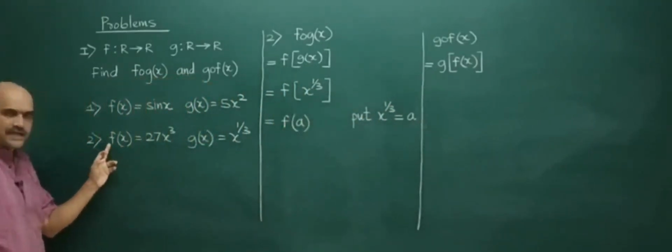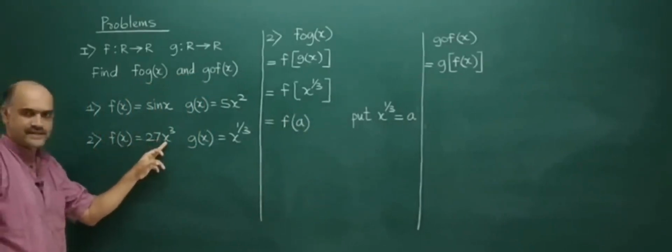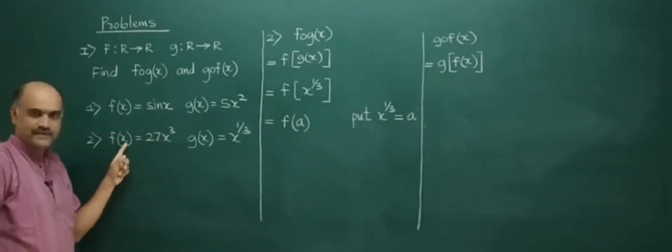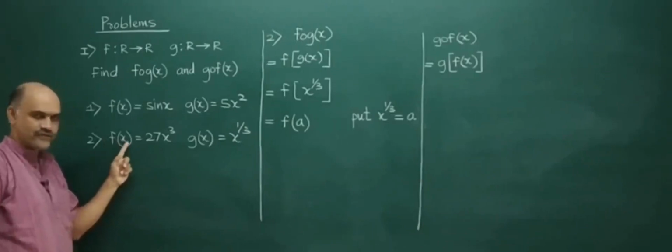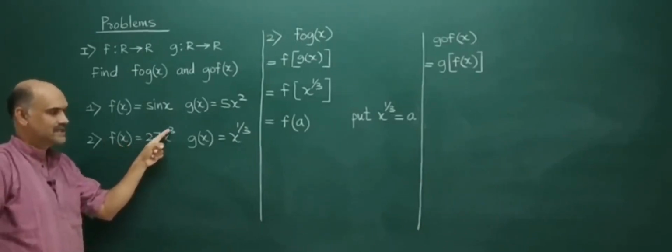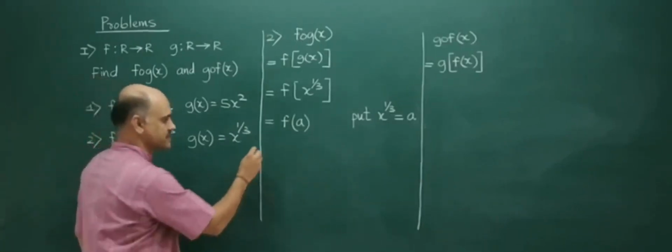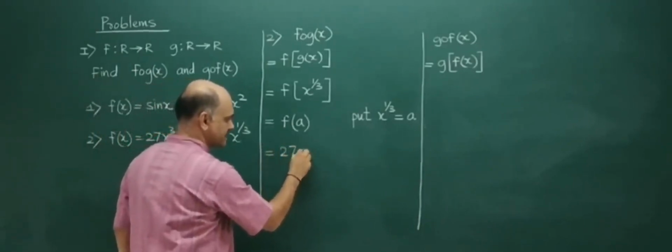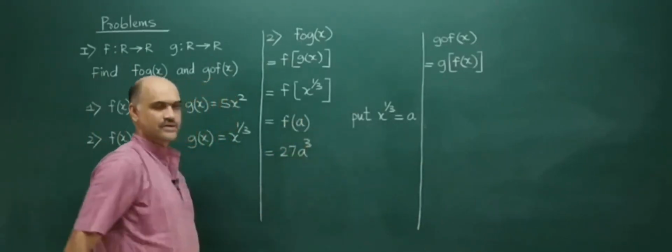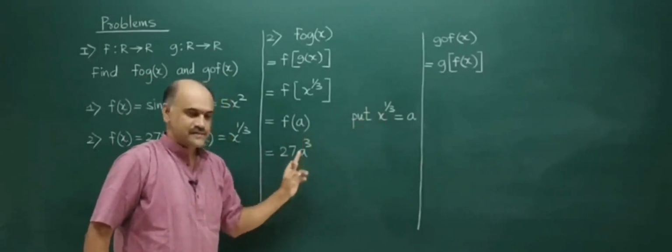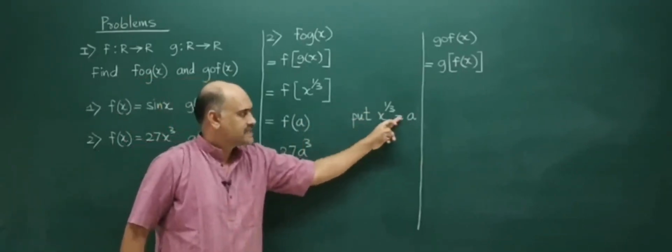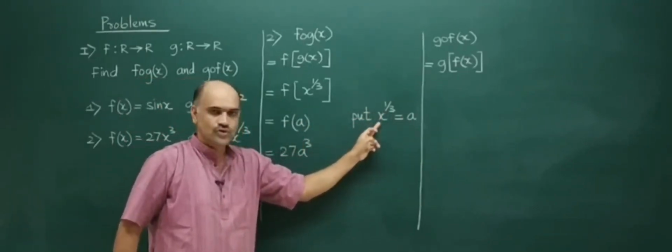Now again, f of x is 27x cube. So f of a will be 27a cube. Now you substitute this value. a is x raised to 1 by 3, which means cube root of x.